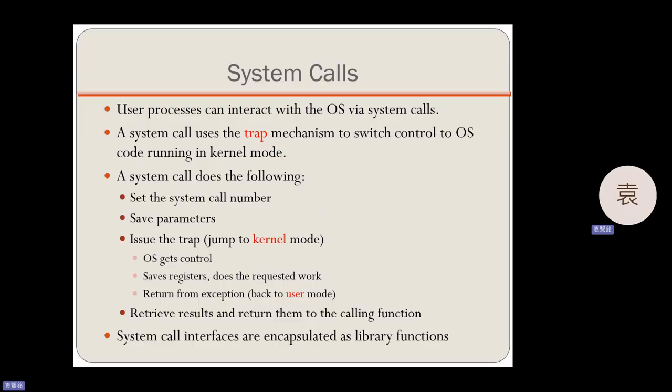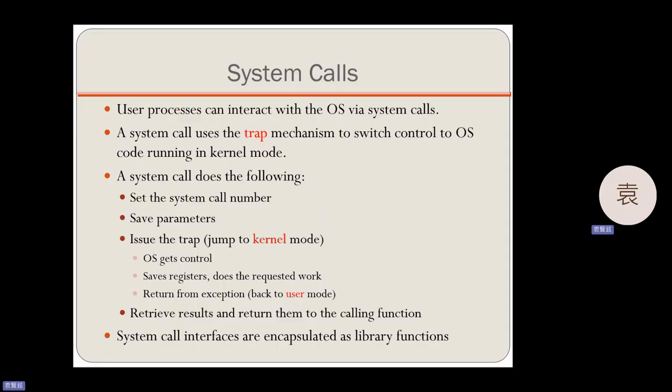A system call in general flows as follows. First, set the system call number and set the parameters, then issue the trap. Trap means you switch to kernel mode. When the operating system takes control, it sets the relevant registers and does the requested work, the actual operation for the user process.